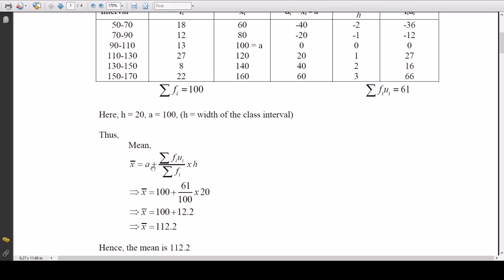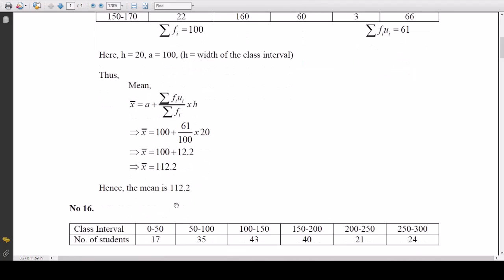On actual calculation you'll get the same value, 112.2, no matter which one you take as the assumed mean.